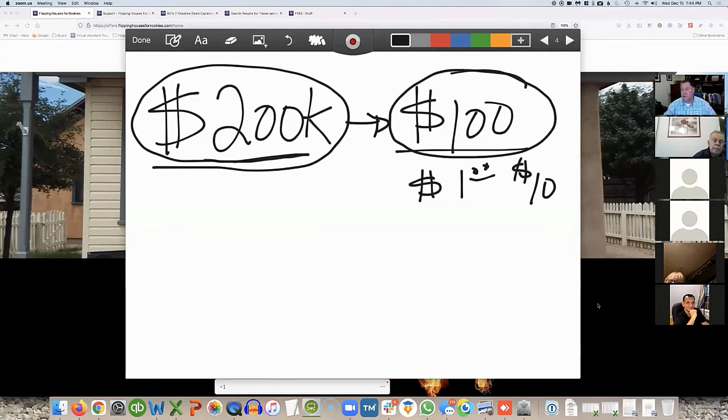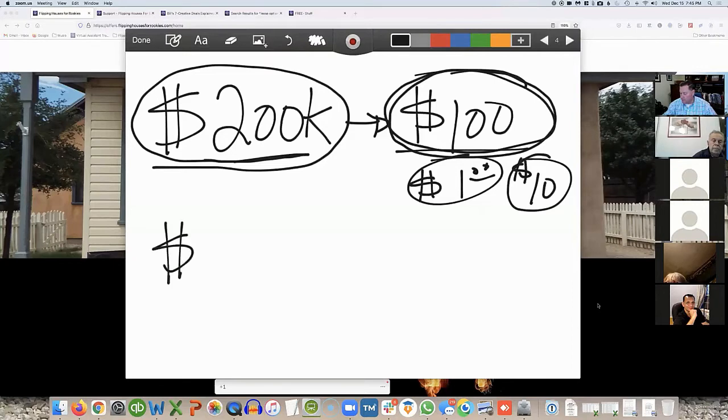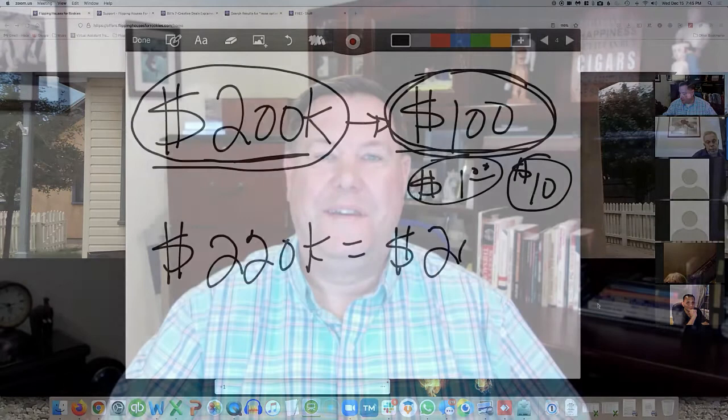If for some reason you bring this house to the market and it's not worth $200,000, all you're jeopardizing is your $100 or your $10 or your $1. If you bring this house to the market and you sell it for $220,000, you make $20,000. Okay, so I think you got the gist there.